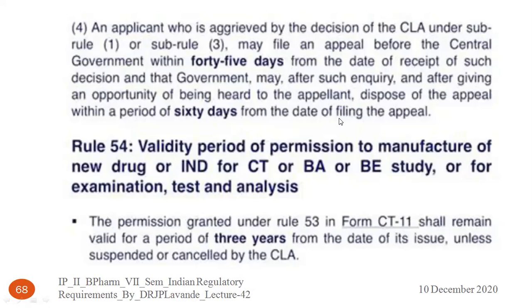The permission granted under Rule 53 in Form CT-11 shall remain valid for a period of 3 years from the date of its issue, unless suspended or cancelled by the Central Licensing Authority. So once the permission is given, that will remain valid for the 3 years from the date of its issue.